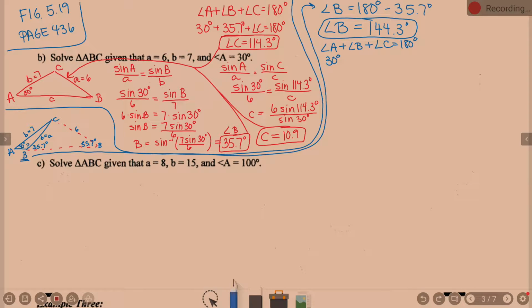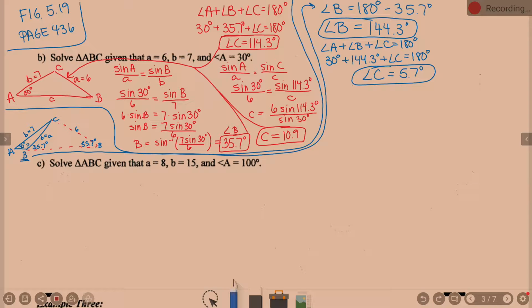So 30 degrees plus 144.3 degrees plus some angle C is 180 degrees. And my new angle C is very tiny, I guess. 5.7. Okay, I got angle B, I got angle C.